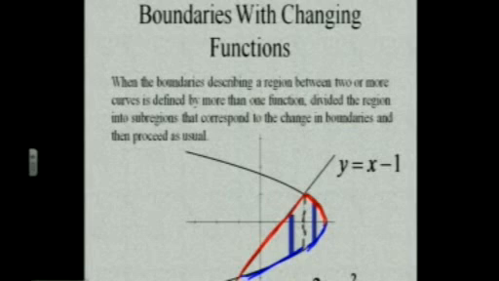I could divide the region up into subregions as defined by this little dashed line here. Calculate the left region with a top minus bottom. Maybe calculate the right region by doubling this shape, which would be 3 minus y squared to 0, and then adding on the bottom area.